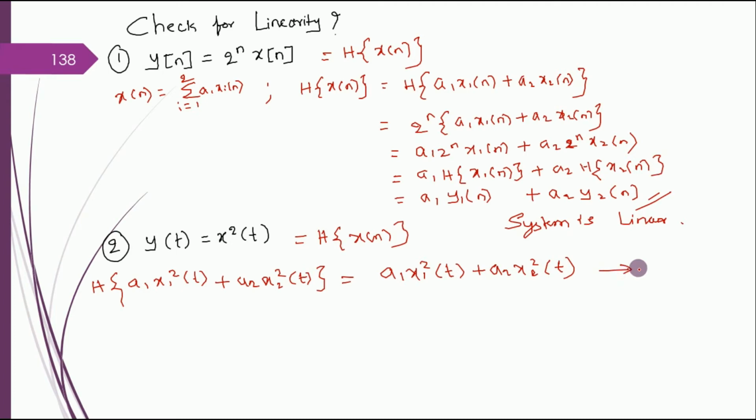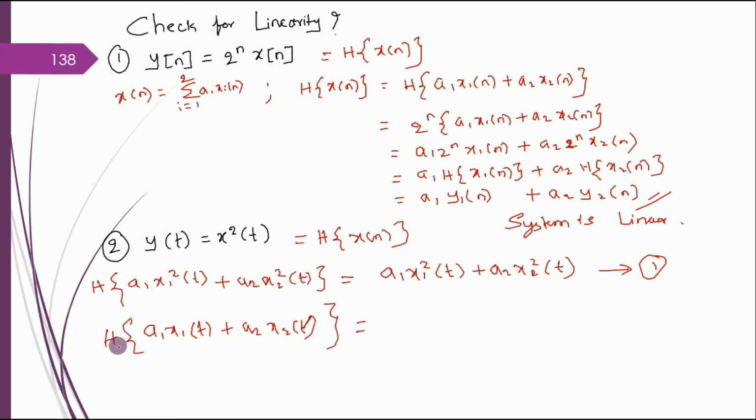Okay, so this is equation number 1. Now first I add it, for example, a1 x1 of t plus a2 x2 of t. Now first I am adding it, and then I am applying the system.